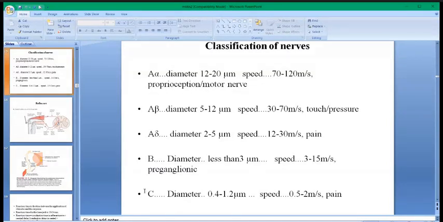It is a non-myelinated fiber, and its speed of impulse is 0.5 meter per second. Am I clear? Yes, sir. So this is very, very important for you. May I proceed? Yes, sir.